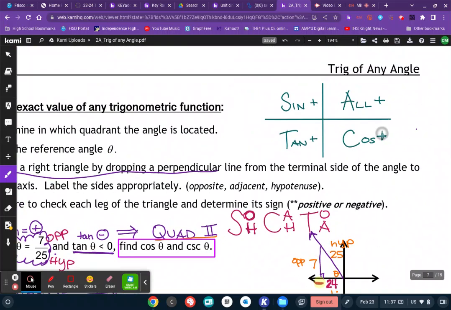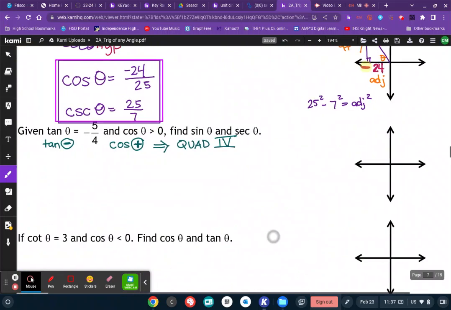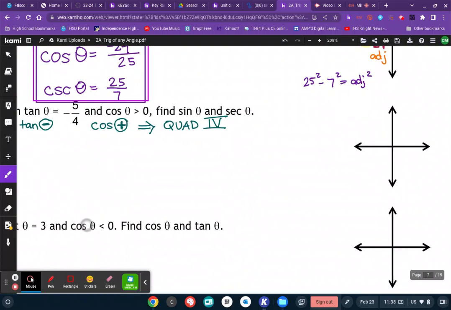Cosine's positive in 4 and tangent's negative in 4. So now that I know I'm in quadrant 4, do all the things that are in our steps. Draw the triangle, label theta, and label the sides.